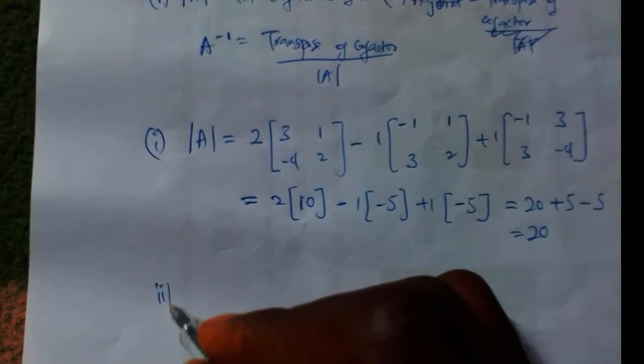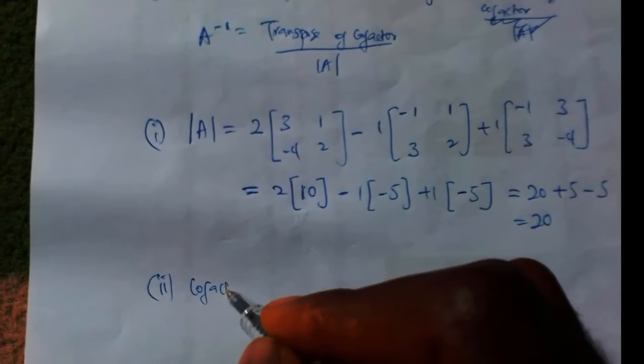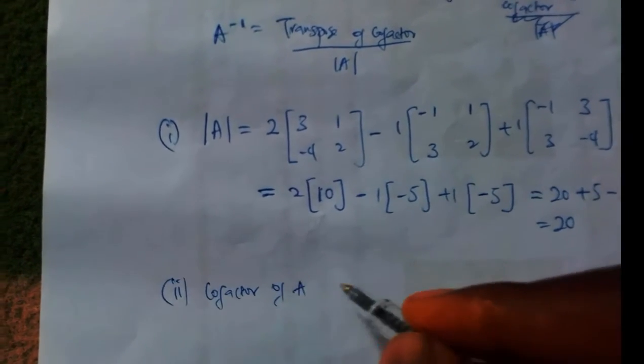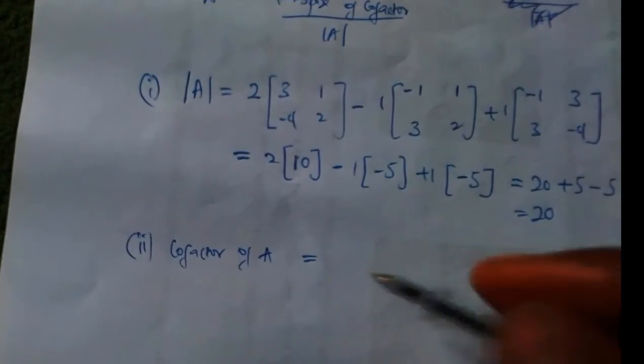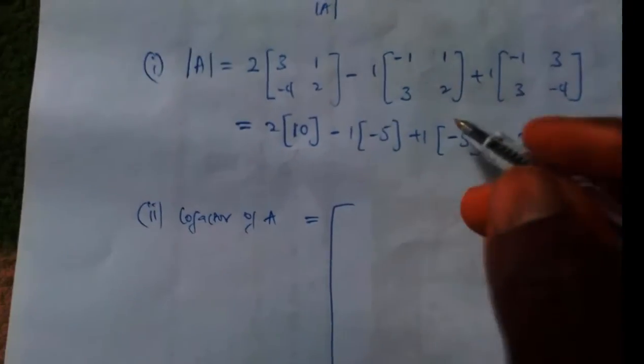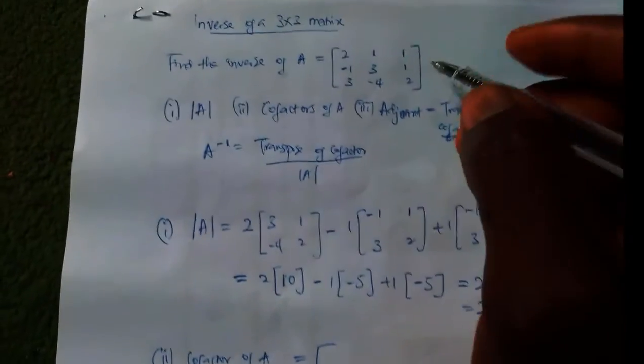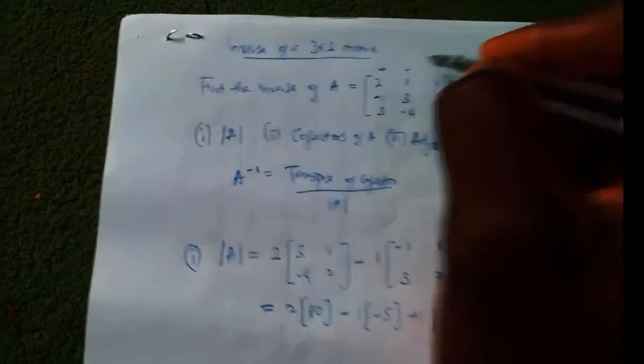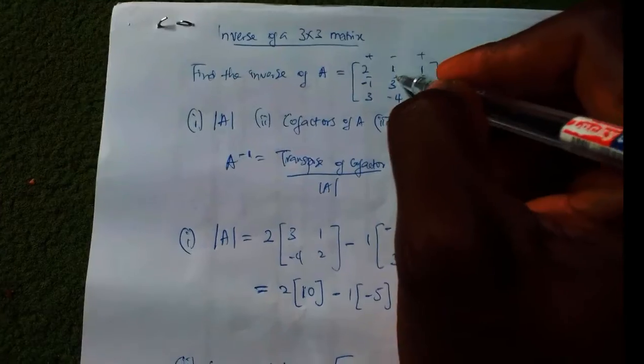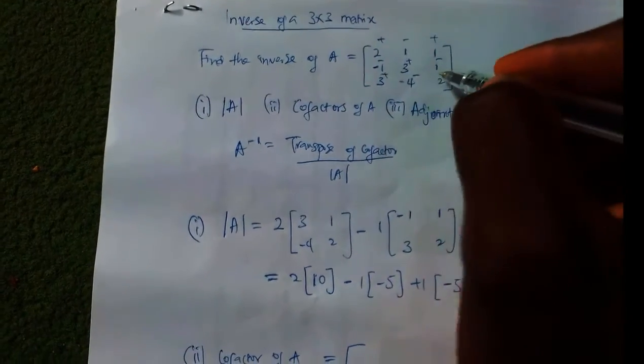Now, how do I get my cofactor, which is the second thing I have to do? In this case, I'll be including our plus minus plus in this equation for our matrix. Plus minus plus, minus plus minus, and plus minus plus.